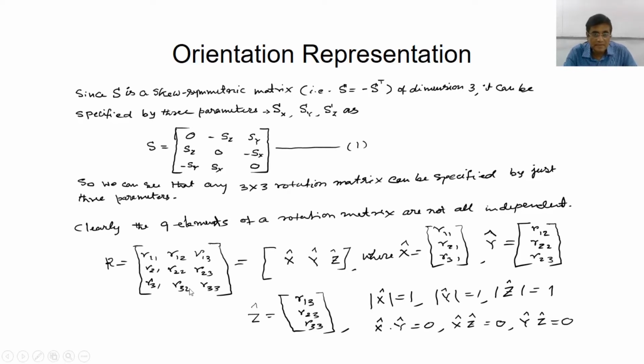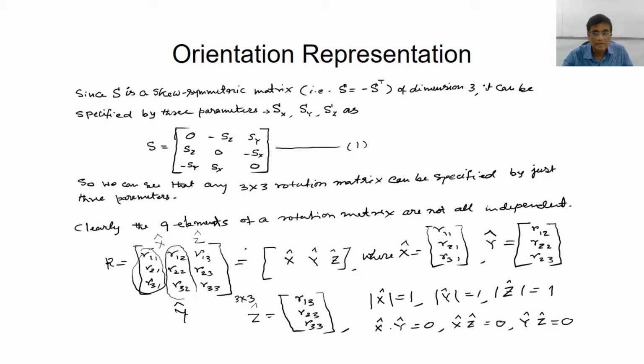Say this is my 3 by 3 matrix, and I am writing it like this with column vectors x hat, y hat, z hat, where x hat is this column, similarly y hat is this column, and this is our z hat.